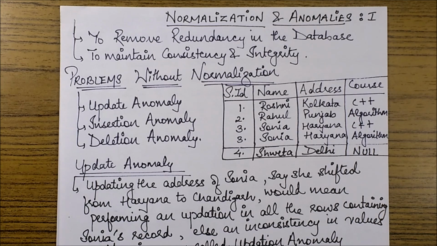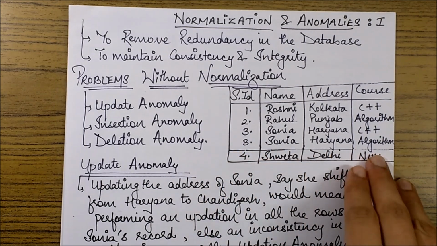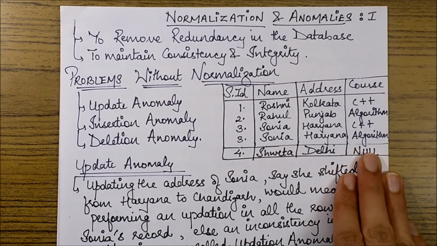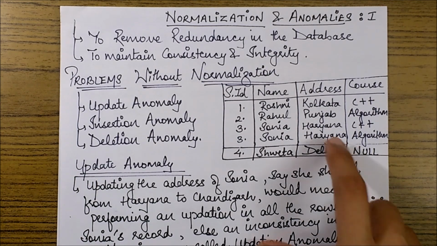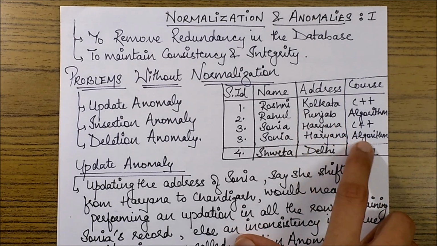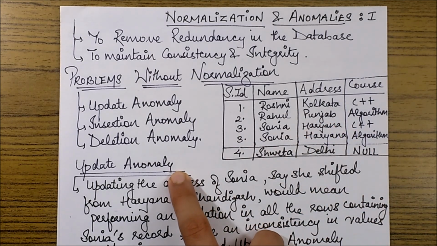Over here, if we ignore the fourth record for the time being, all the records have atomic values in the table. And what is an update anomaly now? If it happens that Sonia gets shifted from Haryana to Chandigarh, I'll have to make the change in both places, over here as well as here. So this is update anomaly.